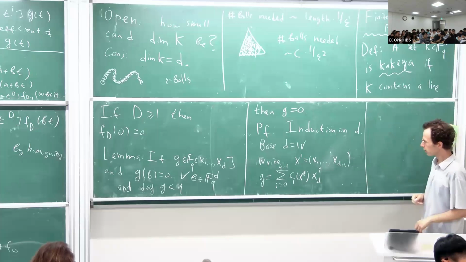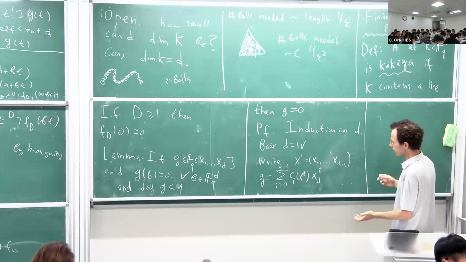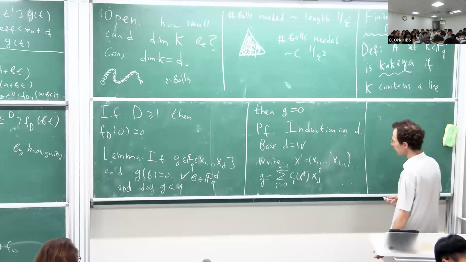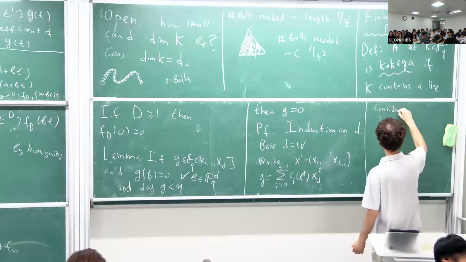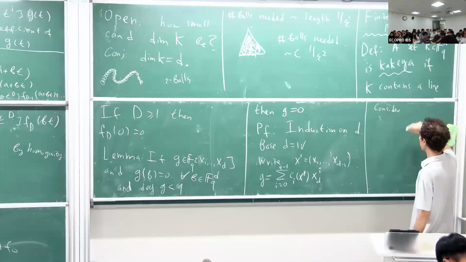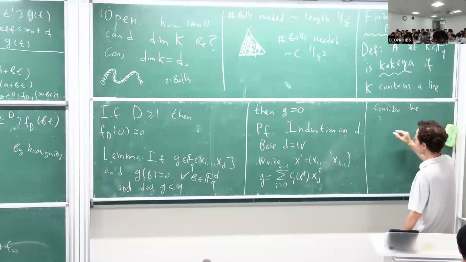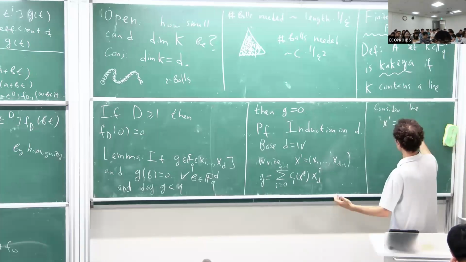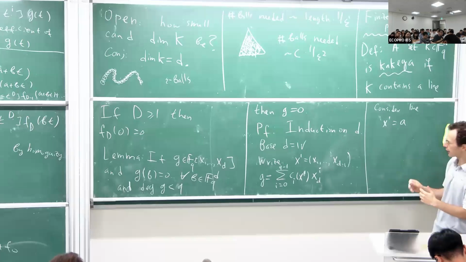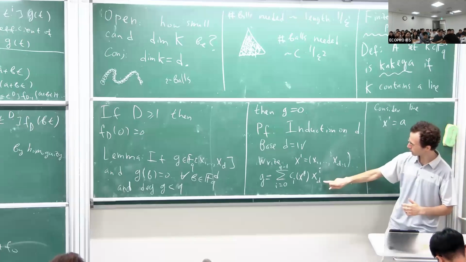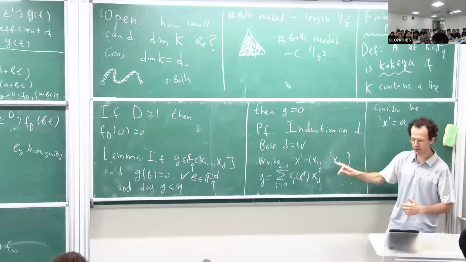Now let's look at some value of x prime. So consider the line where x prime is equal to some a. This is a line where I'm just varying the last coordinate x_d.